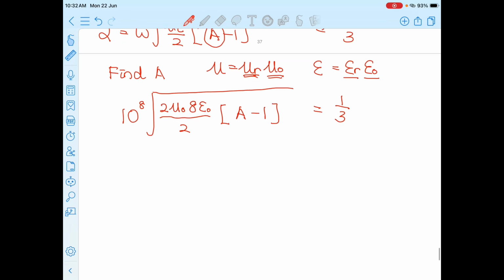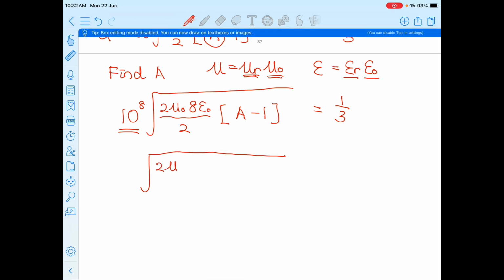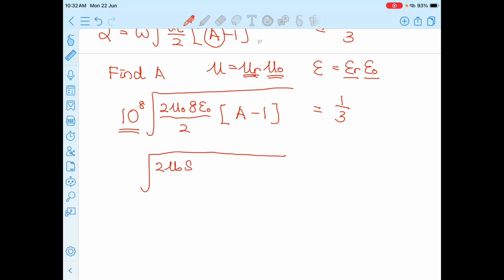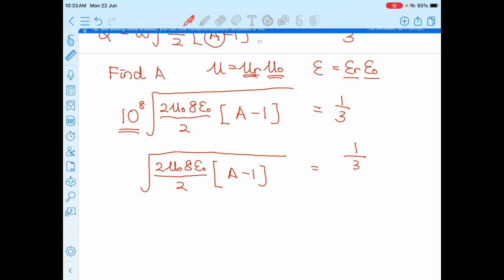So the first step is I'm going to move this to the right side, so I'm going to divide it. Over here, this part is going to be 2 mu naught epsilon naught over 2, A minus 1. So it's going to be 1 over 3 divided by 10 power 8.